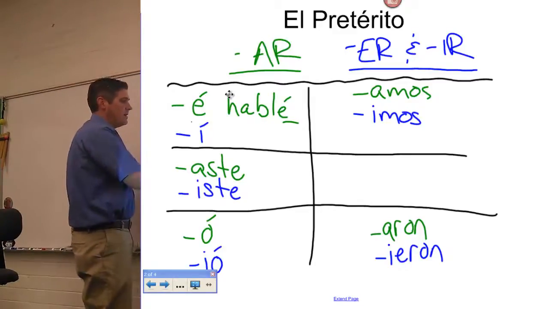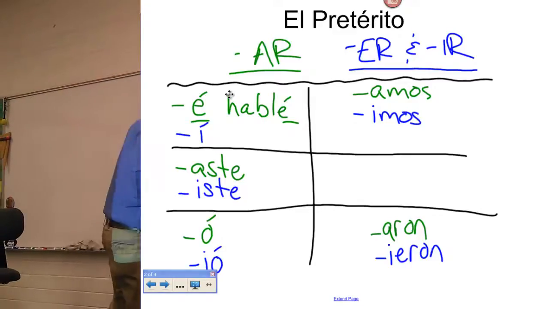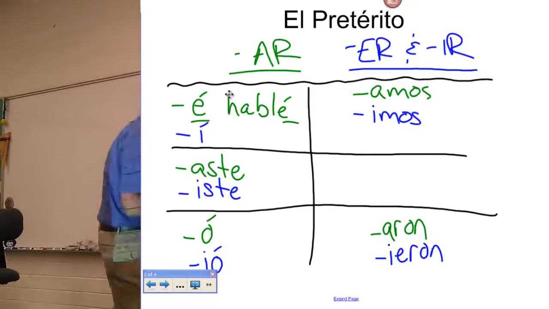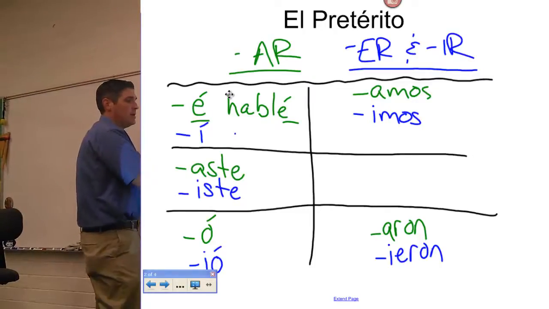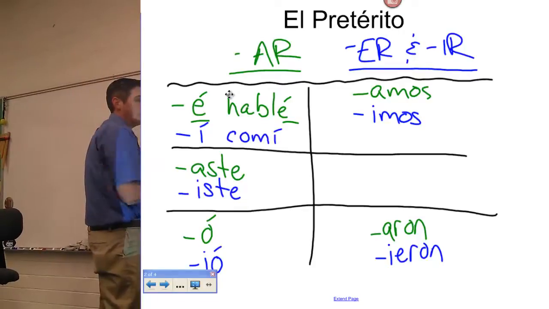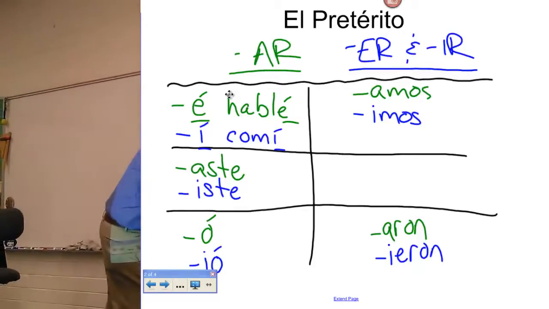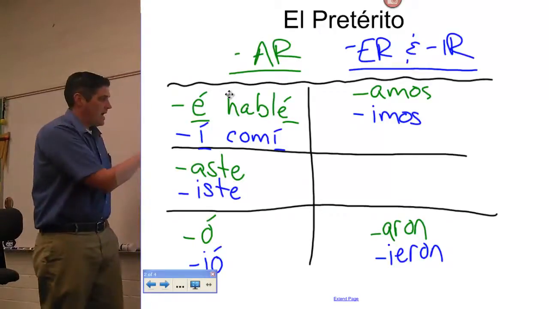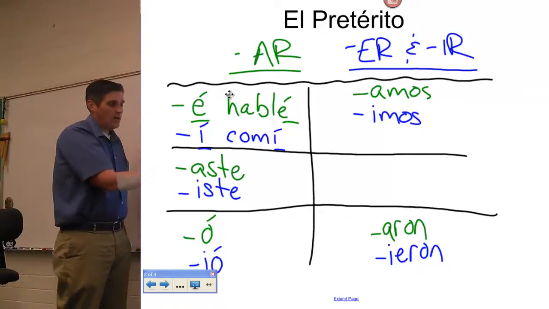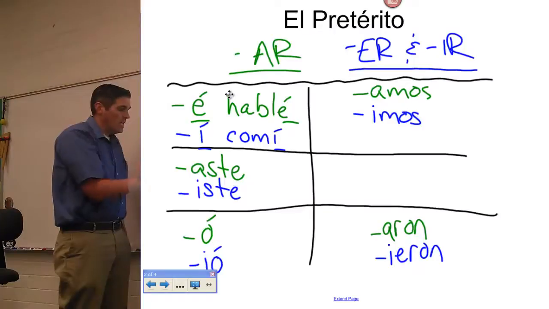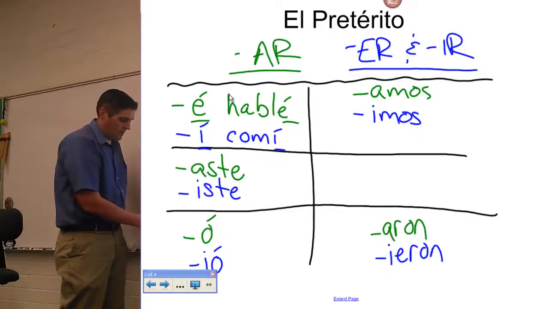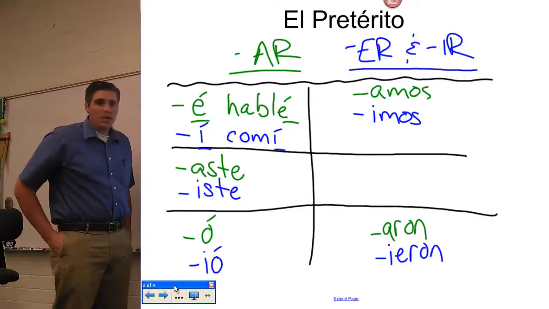There's your ending, what we see there. And if you have an ER or IR verb like comer, it would be ayer comí pollo con arroz. Comí. So once again, -aste, -ó, -amos, -aron are your endings, or -iste, -ió, -imos, -ieron are your endings for ERs and IRs.